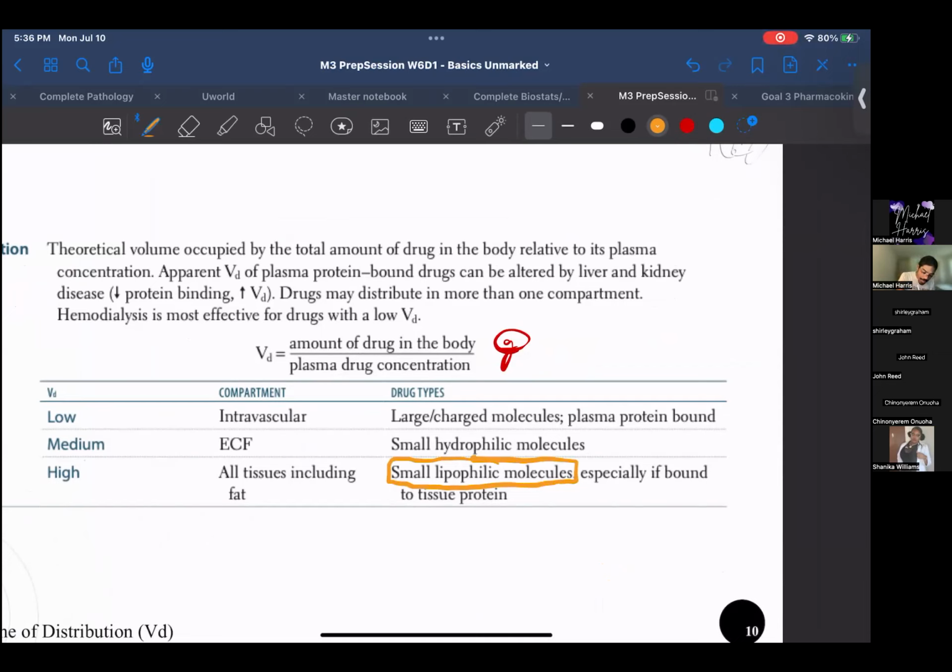These guys have the highest volume of distribution versus something that is a charged particle or bound to plasma proteins, these have a very low volume of distribution. Okay? Good.